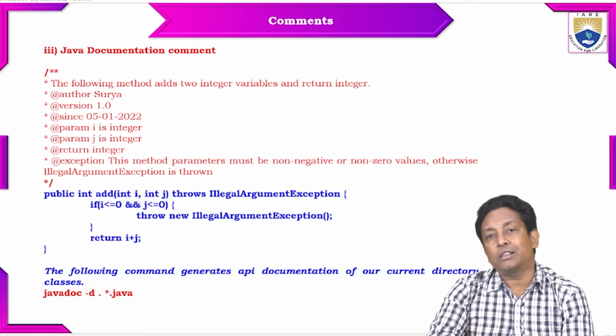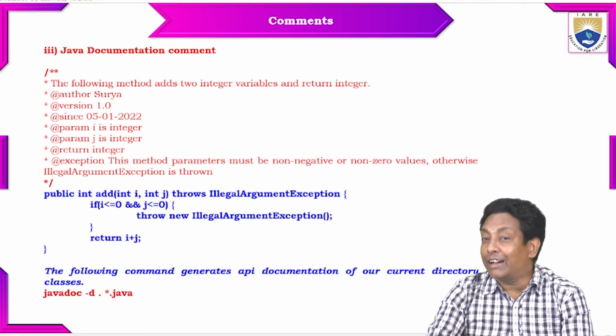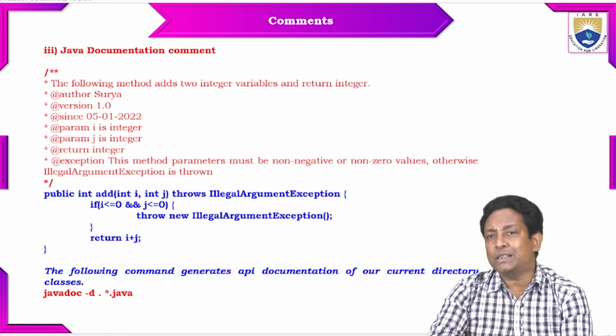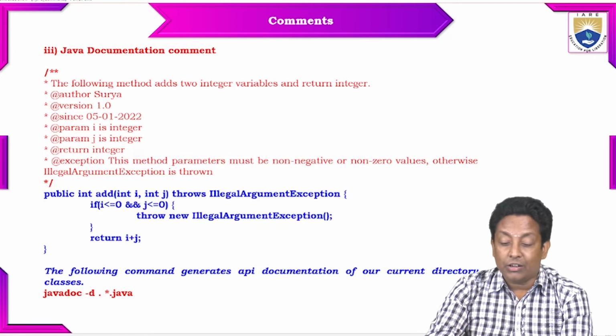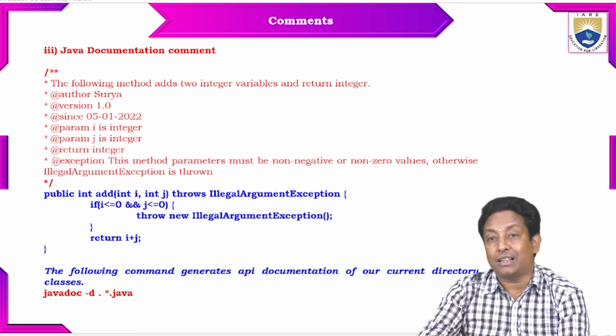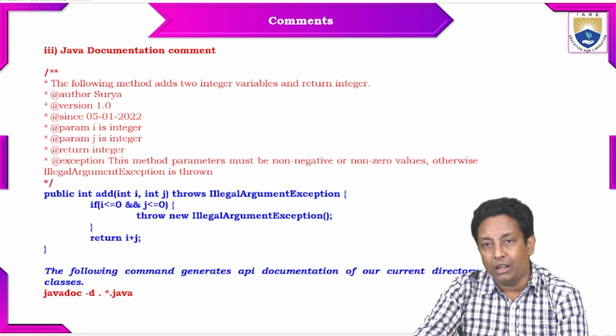But if the user passes 0 or less than 0, then we want to inform the client that the arguments passed into the method are not correct. So how do you express that the arguments passed are not correct? In Java, there is one predefined exception class called IllegalArgumentException.